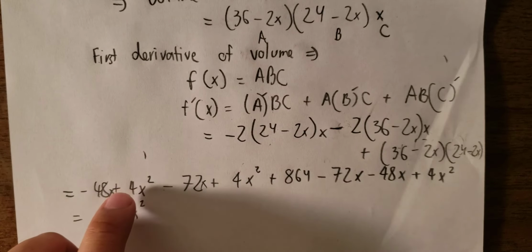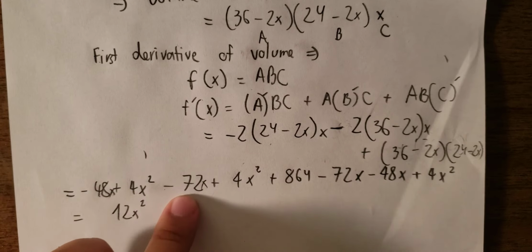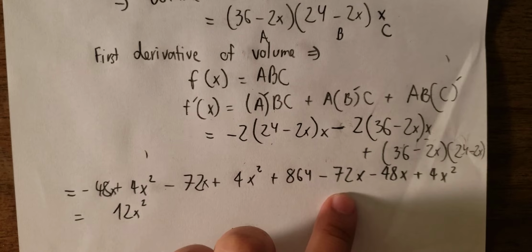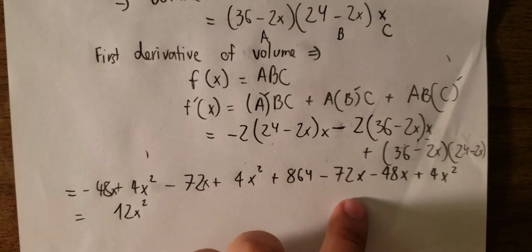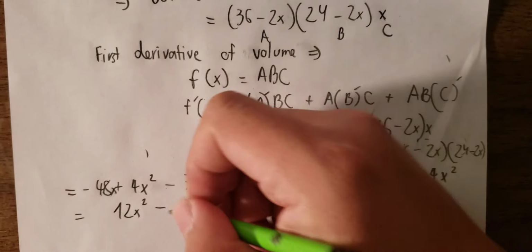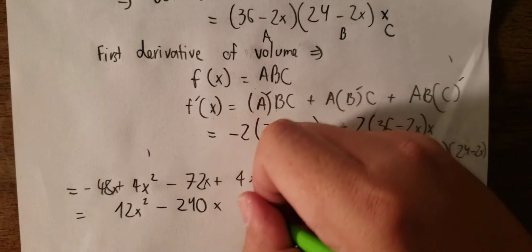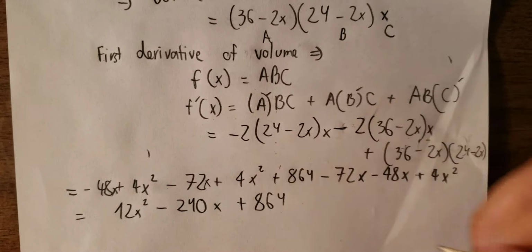minus 48 minus 72, minus 240s in here, and you get 864.